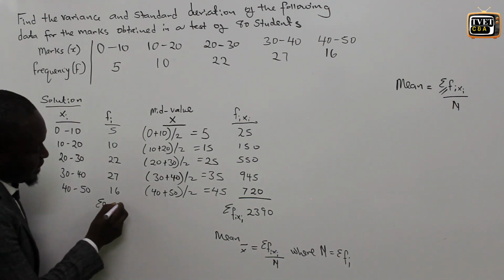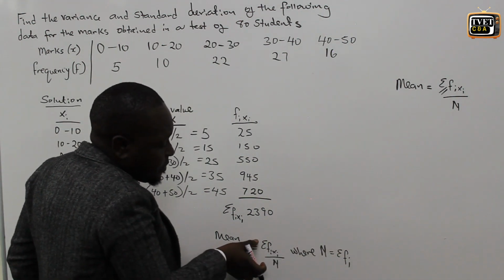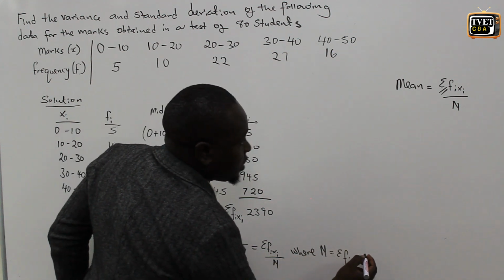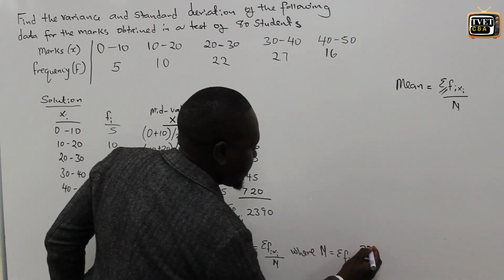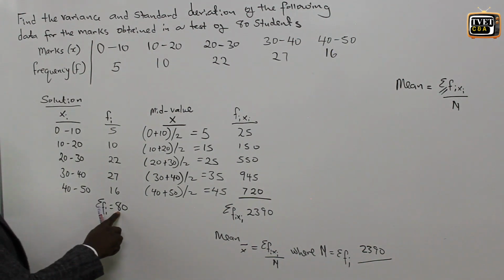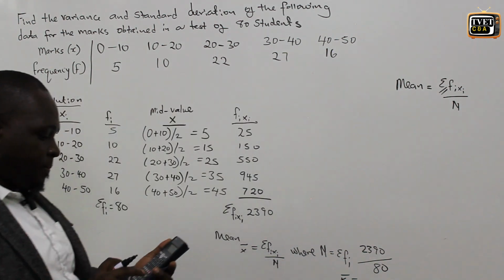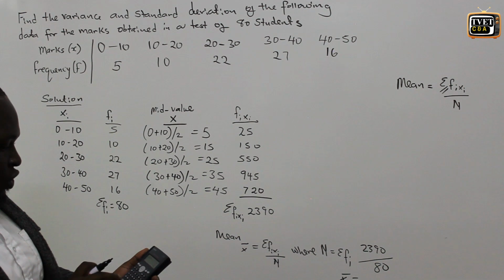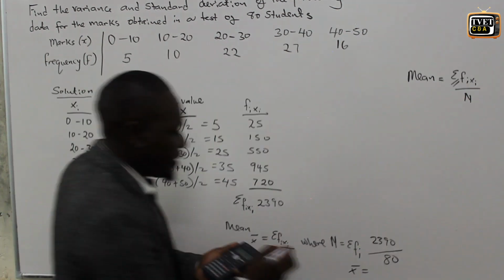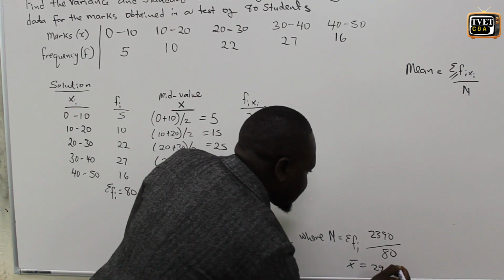You get 80. So here you have all the figures. It's for us just to replace the formula with the figures. So it will be 2390 over n, the summation of f, which is 80. So our mean will be 2390 over 80. So our mean is 29.875.